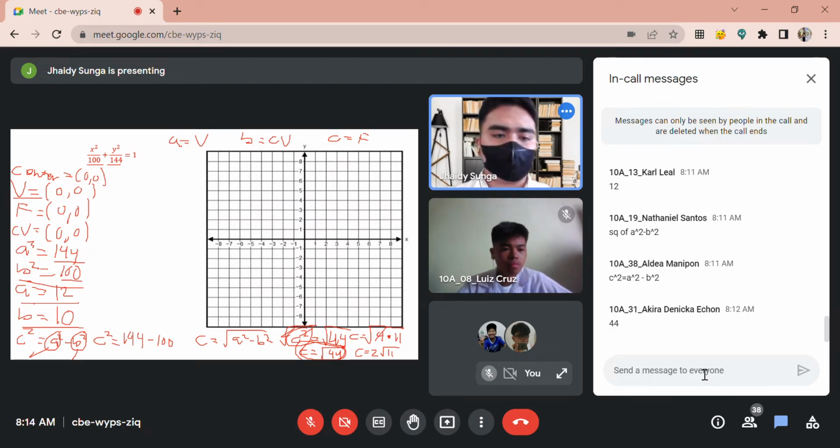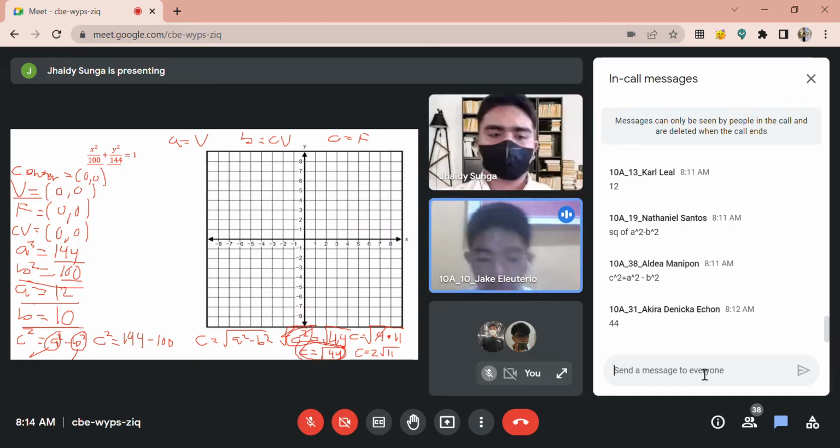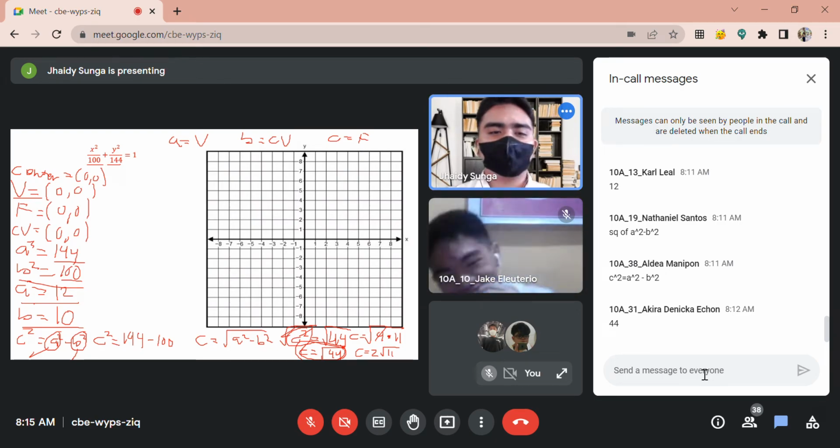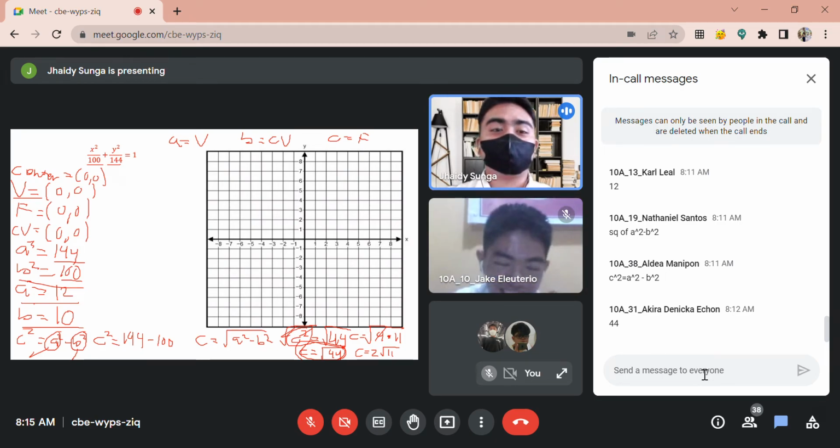Where you're going to add the vertices, let's try to ask Jake. Yes po, sir. Where are we going to input the values of A? In the y-axis po ba? Correct. Why? Because that is our major axis.